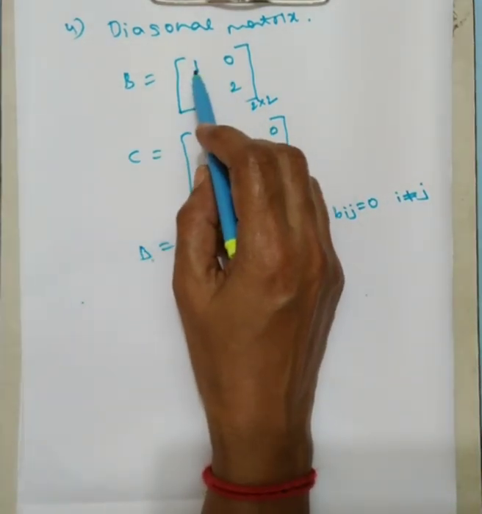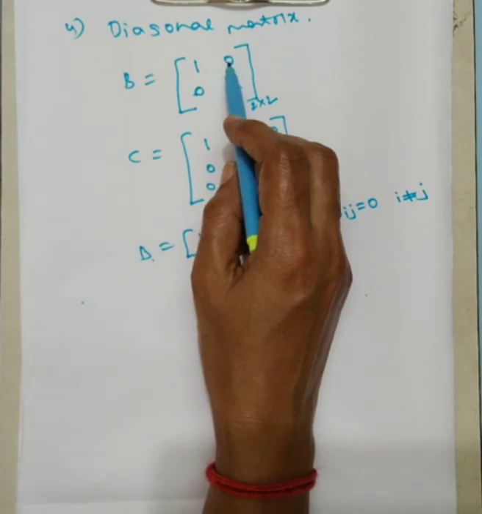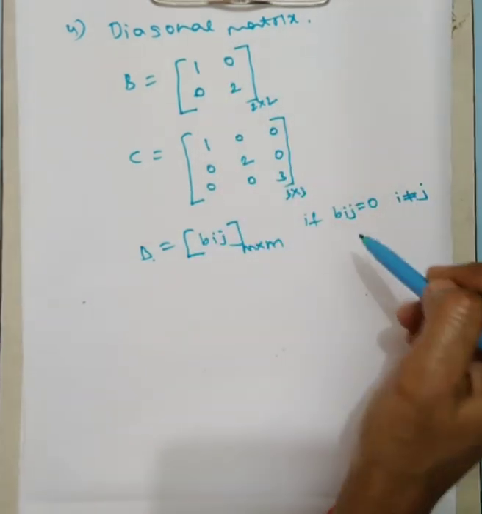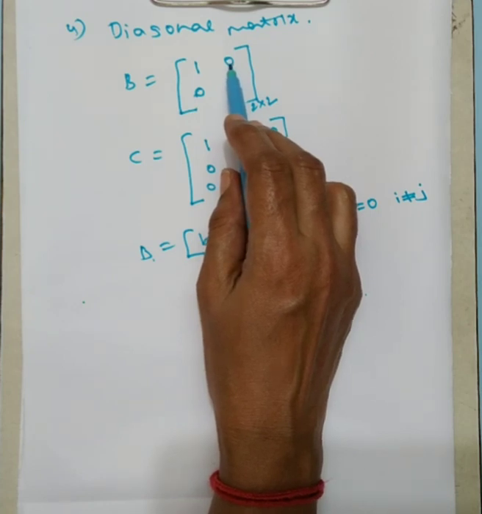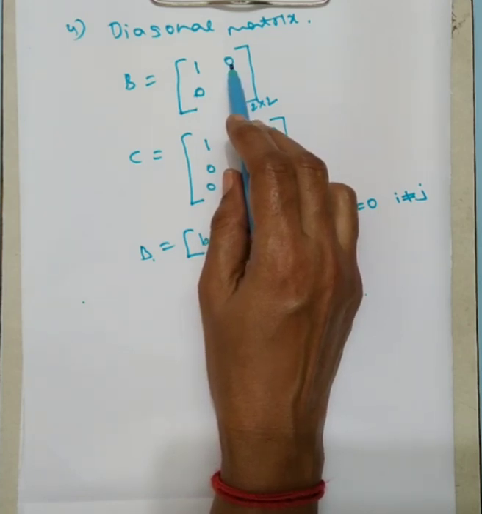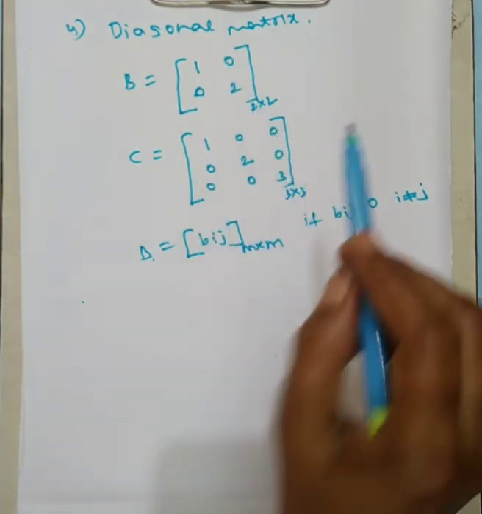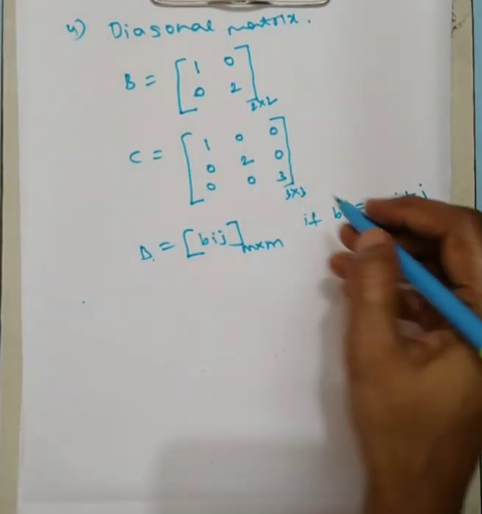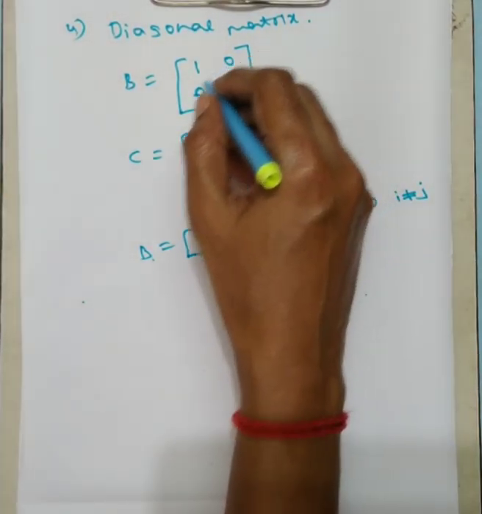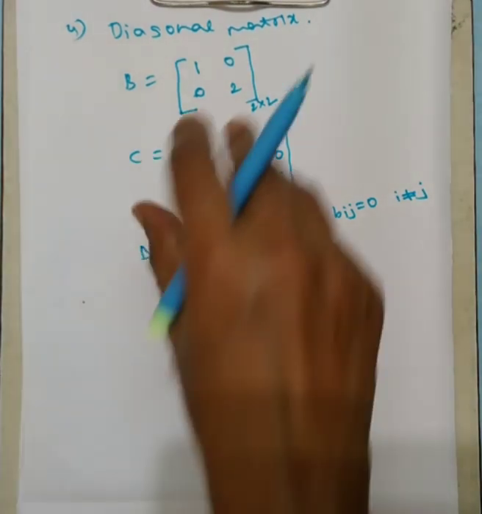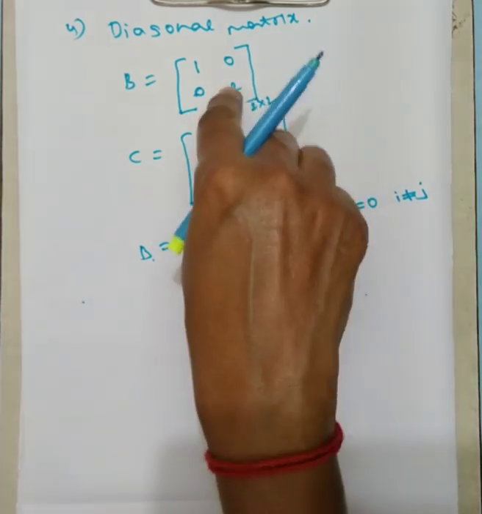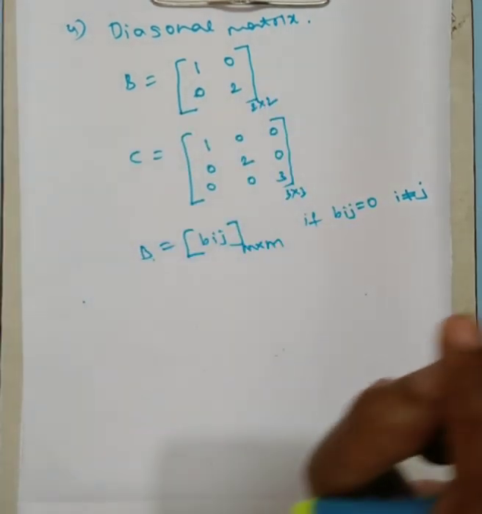The element lying in the first row and second column is A12, so here i is 1, j is 2, and 1 is not equal to 2. Therefore all non-diagonal elements are 0 in a diagonal matrix. These two are examples of diagonal matrices.